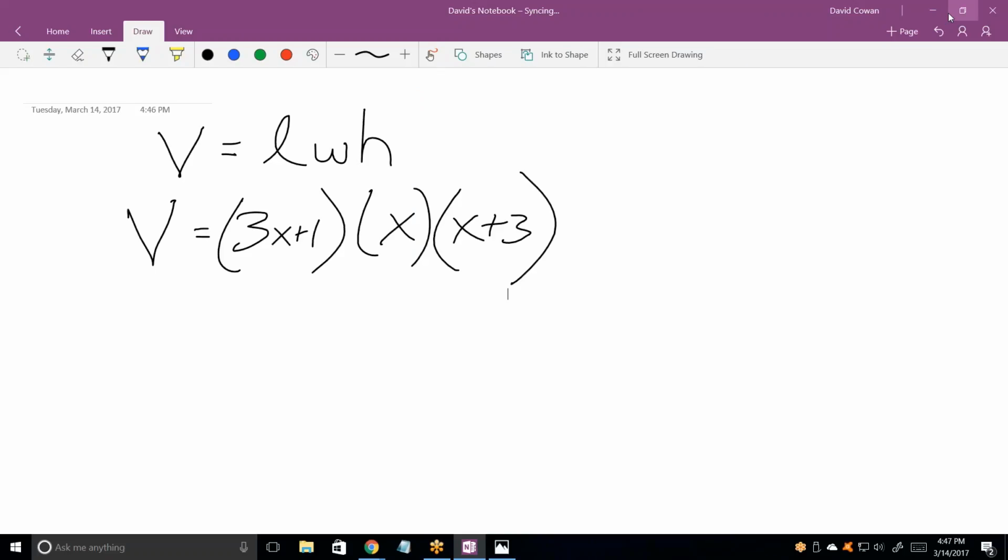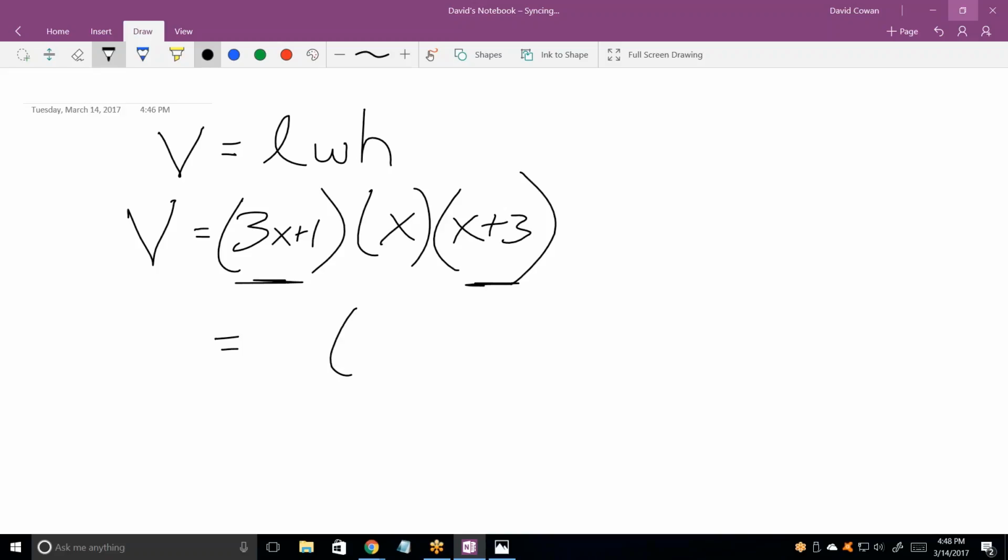But let's make sure you can do this multiplication. Which two are you going to multiply together first? 3x plus 1 times x. I would actually do this one times that one. Only because you get an awful lot of experience multiplying binomials times binomials. Okay? So what do you get when you multiply 3x plus 1 times x plus 3?